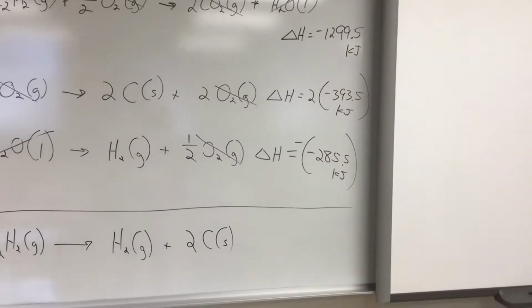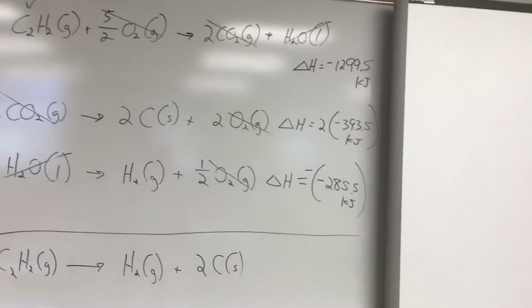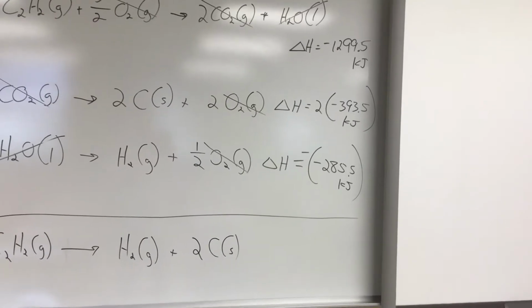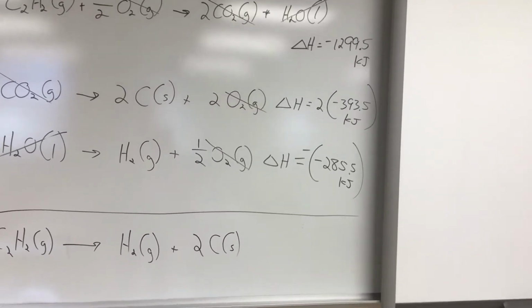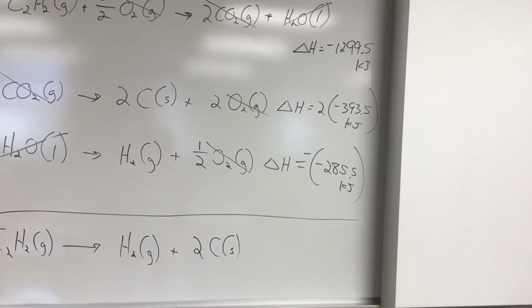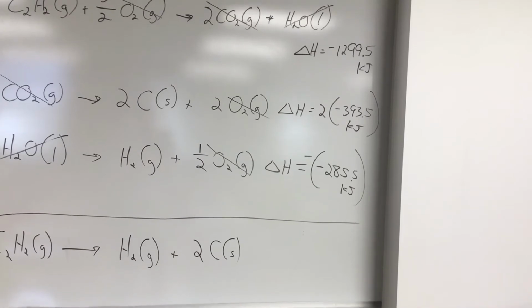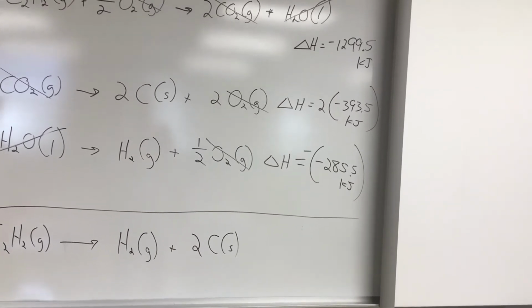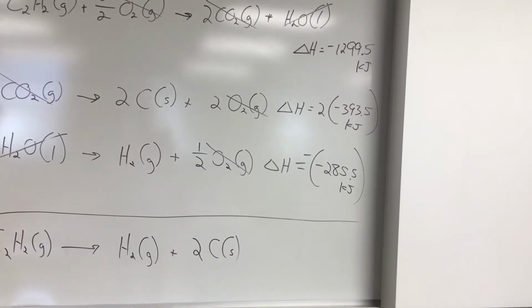All right, so now I took my other calculator. 393 times 2. Yep, 787, that makes sense. So I'm going to have negative 787 plus negative 1299.5.